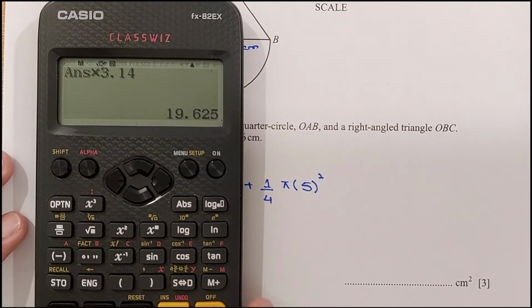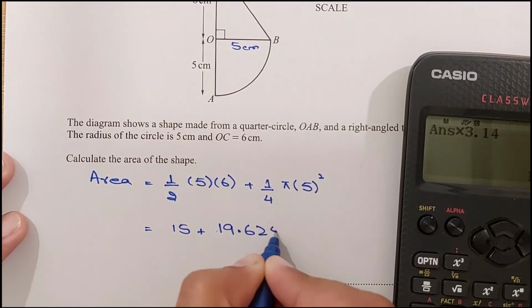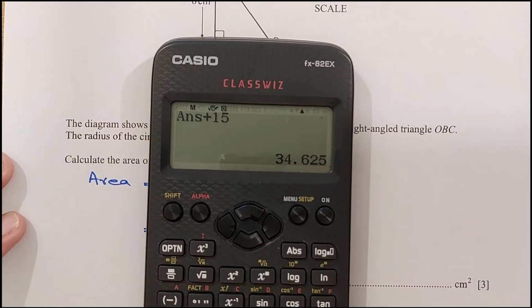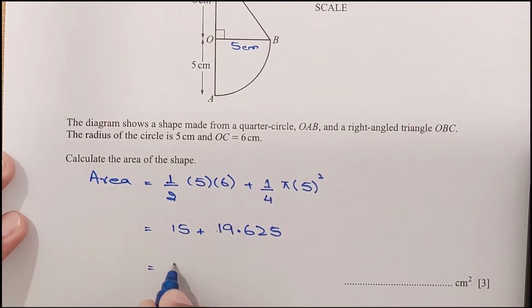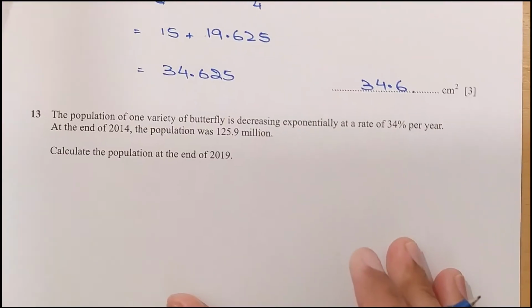This is 19.625. 19.625 add 15. This is 34.625, or we can say just 34.6 centimeters squared. 34.6 centimeters squared is the area of the shape.